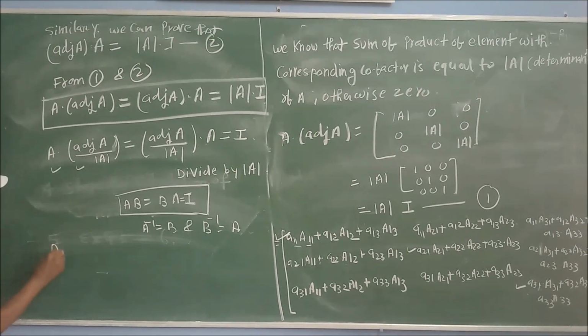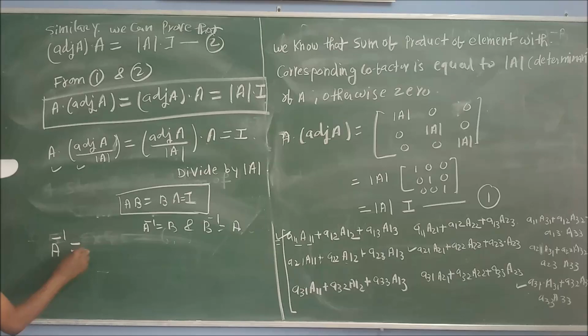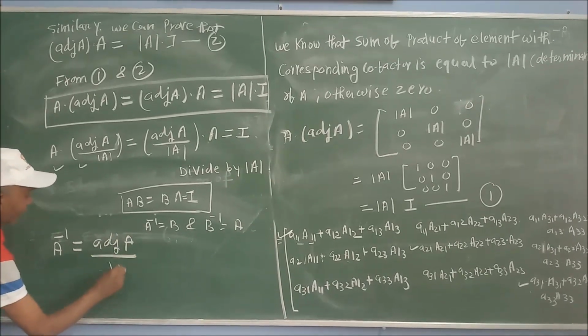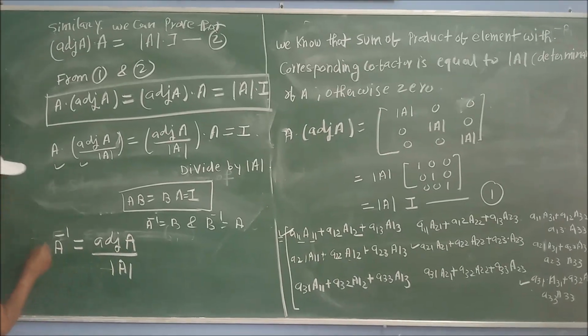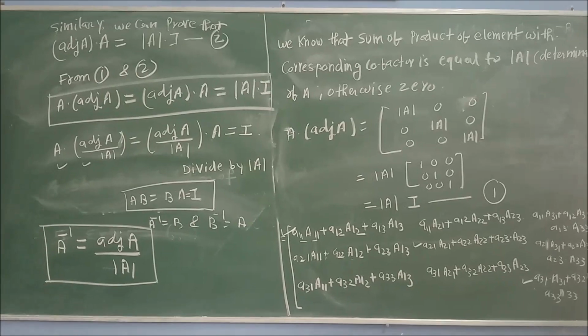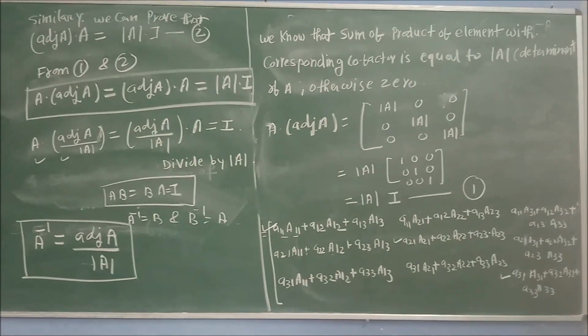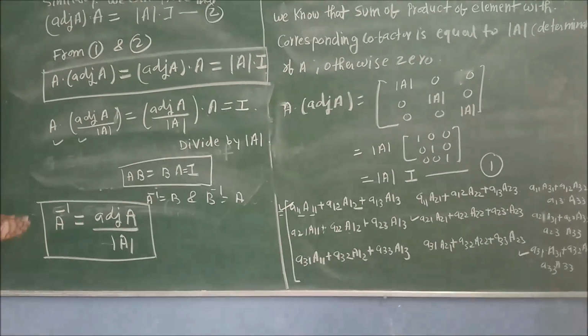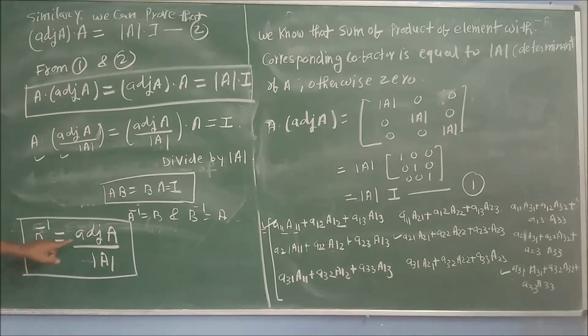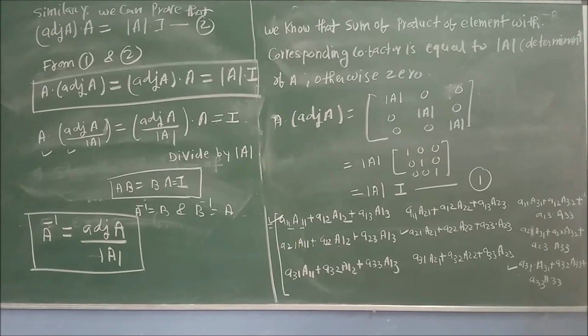That means we can write that A inverse is equal to adjoint A upon determinant of A. This is an important formula for us, and we will use this formula while we calculate the inverse of a matrix. Very useful formula. So try to keep in mind that A inverse is equal to adjoint A upon determinant of A.